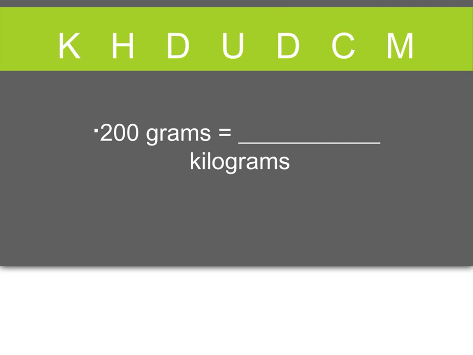Alright, I've got 200 grams, and I want to know how many kilograms that is. So remember, grams, and let me make my pen a little bit wider because it's harder to write with this, so pardon me. My grams makes me start right here at the unit because grams is a base unit. So I'm going to start with my decimal point to the right of my unit.